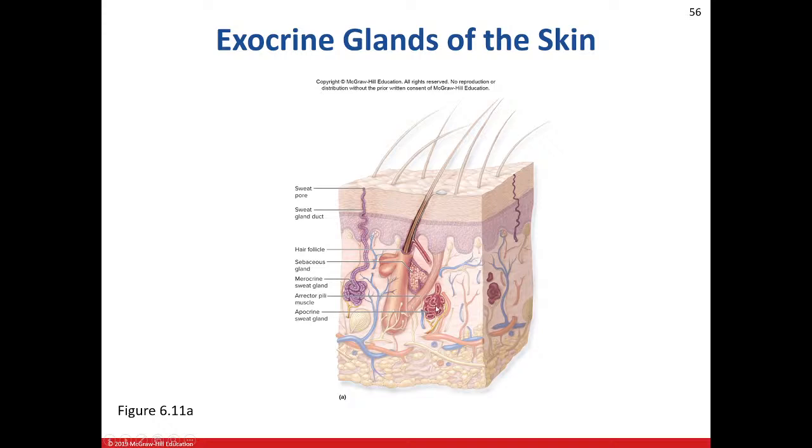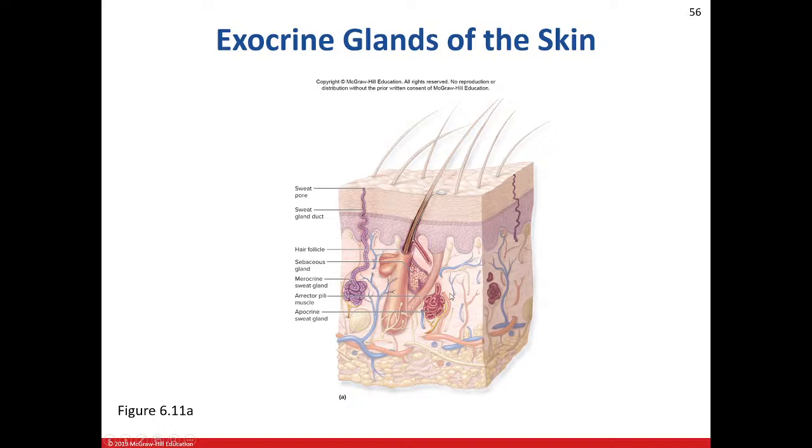Over on the far right, you have an apocrine sweat gland, which actually looks very similar under the microscope to an eccrine sweat gland. It's made up of these coiled tubules down here, and that leads to a duct, but its duct does lead to a hair follicle, and so apocrine glands will secrete through a hair follicle out into the skin surface.